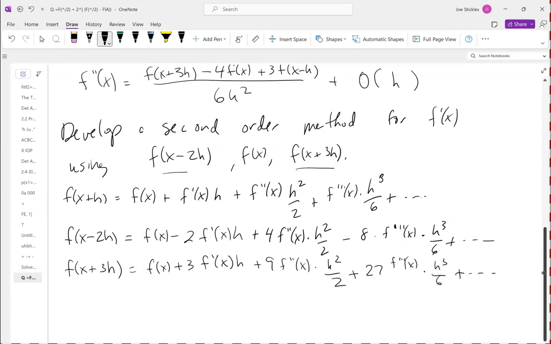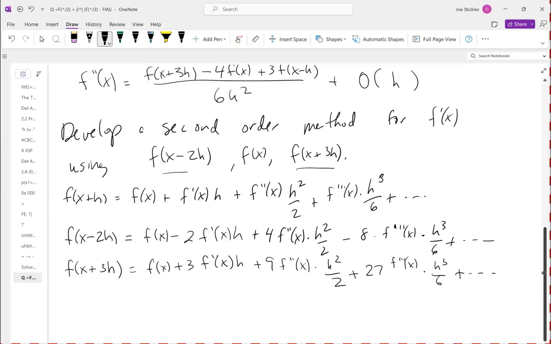So far, so good? Yeah? All right. Again, we said we want to get a second order method for the first derivative. The reason we're going to do the next step is because of what we're trying to get to. No matter how I combine these things, if I'm going to solve for the first derivative, I've got to divide by the h.